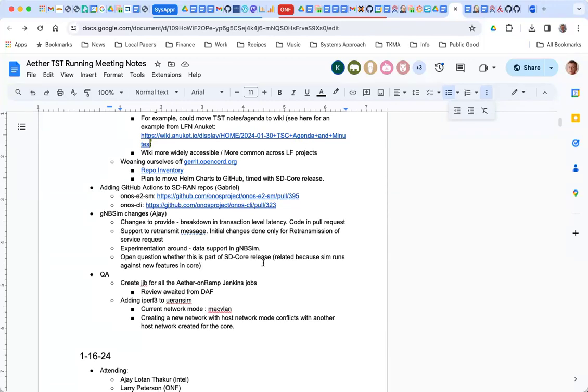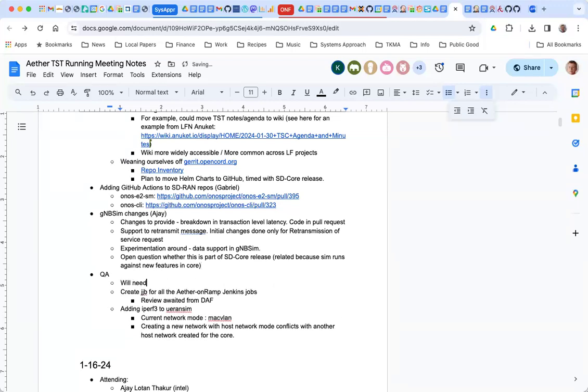Yeah, I think there are many things, and probably we should start adding those things in one of the docs, so you will have some idea what are the various things coming in. I think a few things Gabriel did mention at the top, but that was very specific to UPF. But we do have changes in the control plane as well.